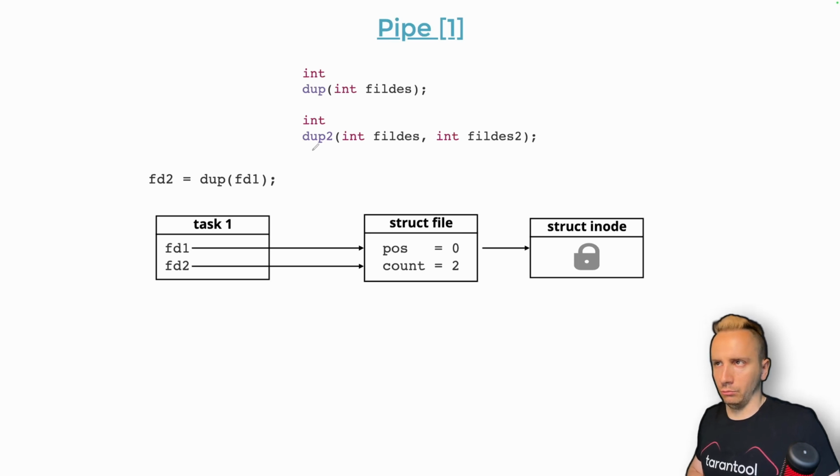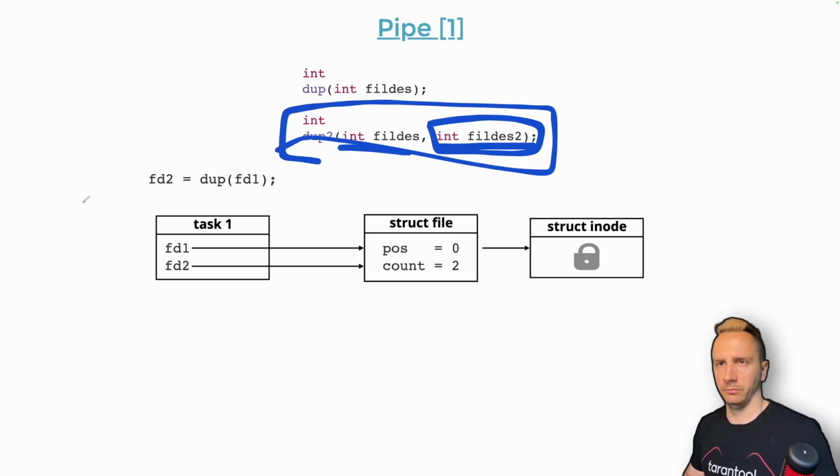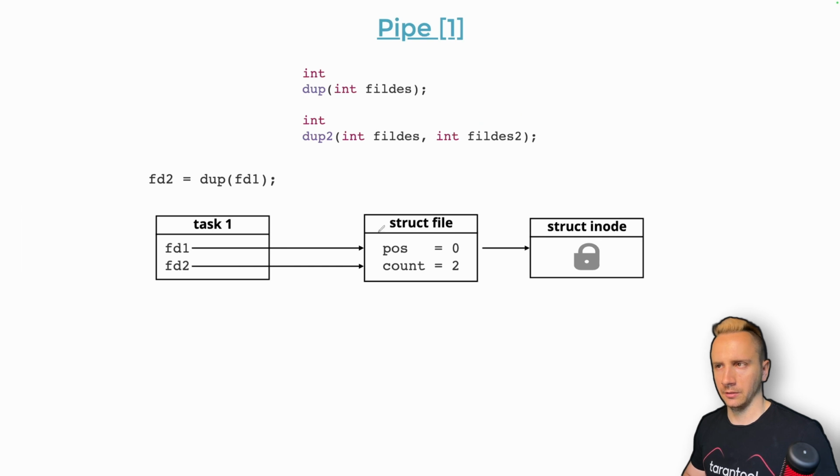Dup2 allows you to choose the target file descriptor. So you can say that I want this file descriptor, this number, to be duplicated into this number, into this file descriptor. If the second one was already open and busy with something else, then it will be closed. And with dup2, you have complete control over what the second number pointing at the same struct file will be.